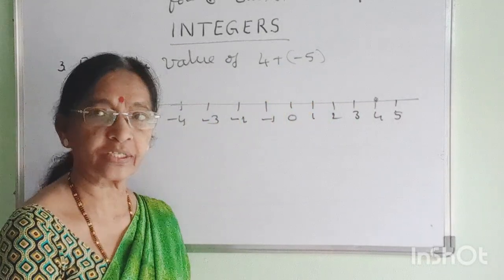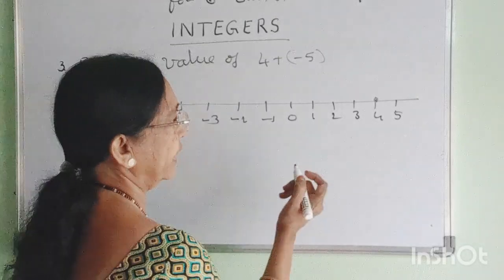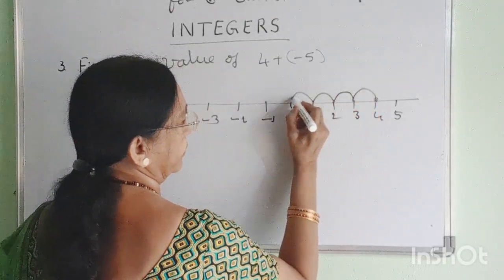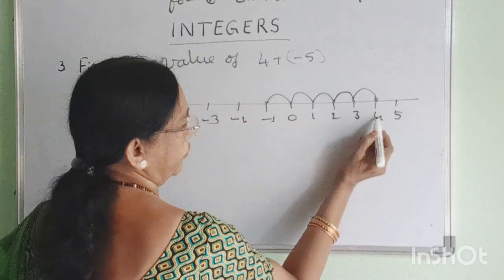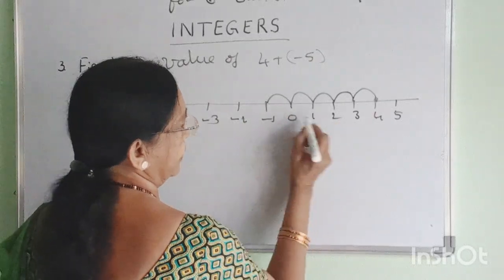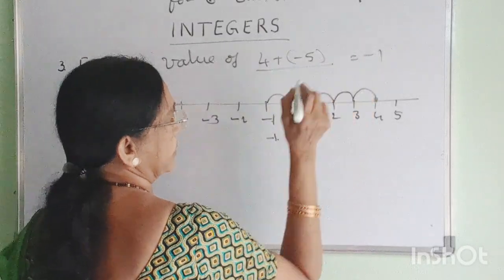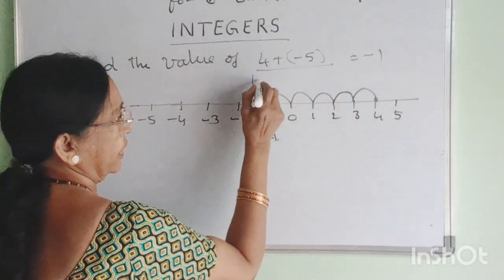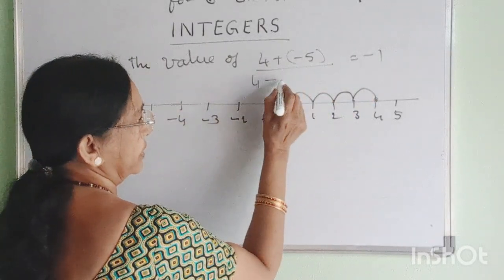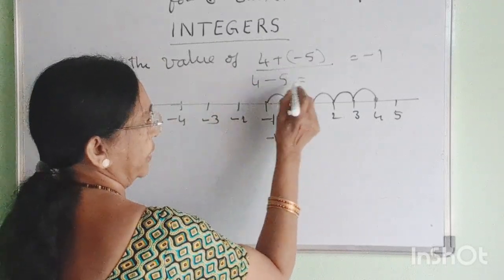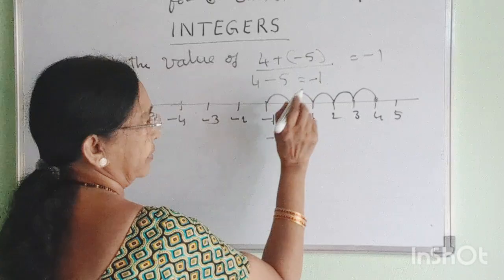To add a negative integer, we have to move to the left hand side 5 times: 1, 2, 3, 4, 5. So 4 plus minus 5 is equal to minus 1. Also 4 plus minus 5 is 4 minus 5, which is 1 with a negative sign.